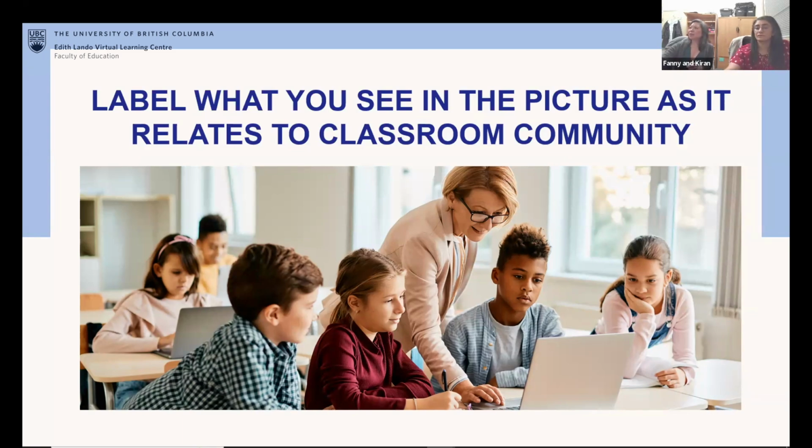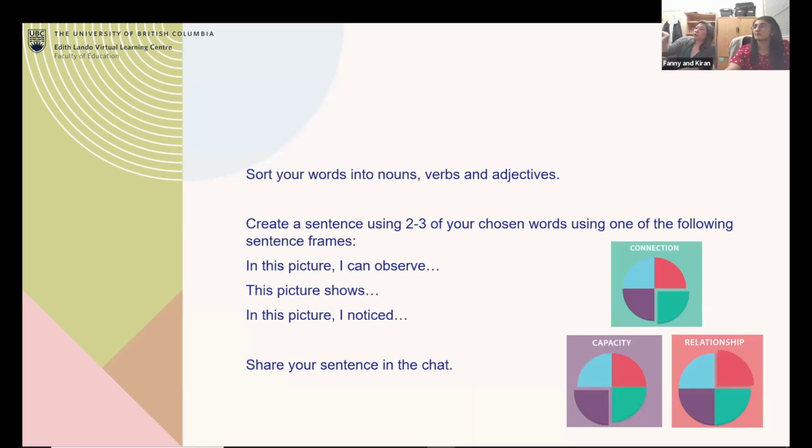So the next step would be you could add more words to the picture, but then you would sort your words into nouns, verbs, and adjectives. And this could be done together as a group. And then you could slowly back off a little bit and get them to do it on their own. So if you would do that, the words that you have written down on your paper right now, could you please divide them up into nouns, verbs, and adjectives?